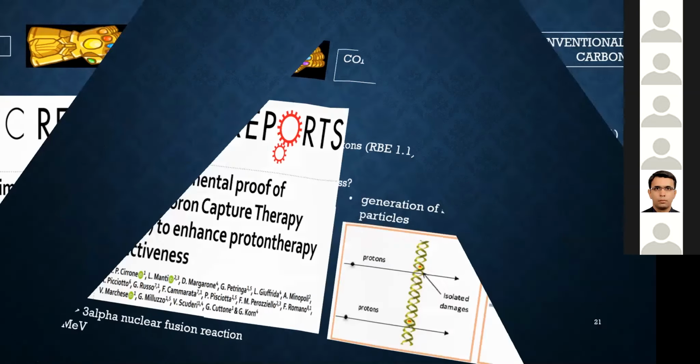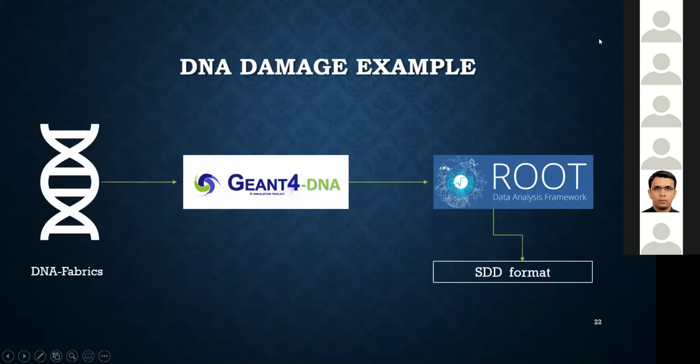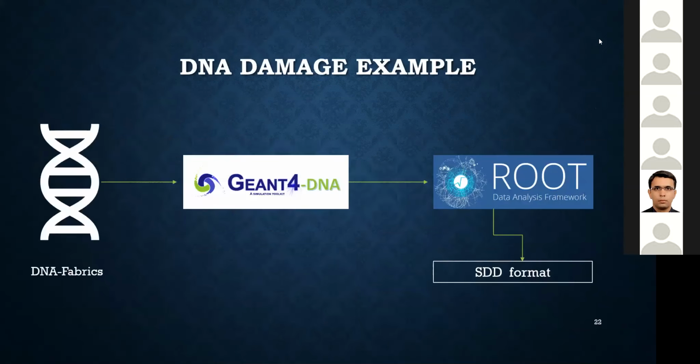And for this, my thesis subject right now is about Monte Carlo modeling of LET and RBE in proton therapy at the nanodosimetric scale and in the presence of boron 11 radiosensitive isotopes. So for this, we are working right now with an example that is called DNA damage 1.